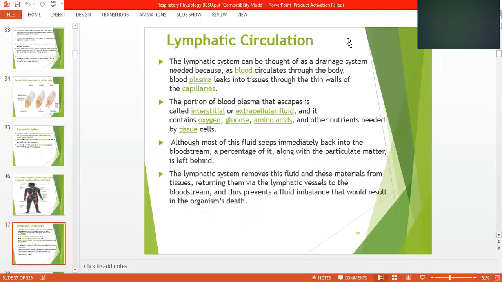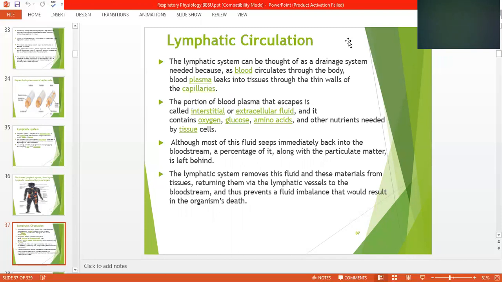The portion of blood plasma that escapes is called the interstitial or extracellular fluid, and it contains oxygen, glucose, amino acids, and other nutrients needed for tissue health. In the lymphatic vessels also, there are certain holes, fenestrations. The material comes out to the interstitial tissue for providing nutrition.